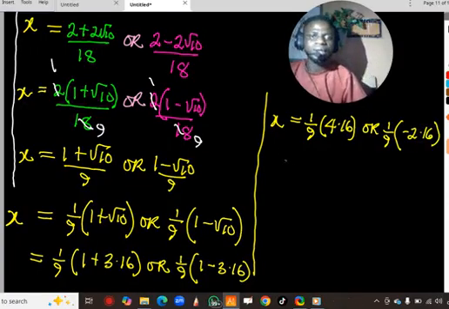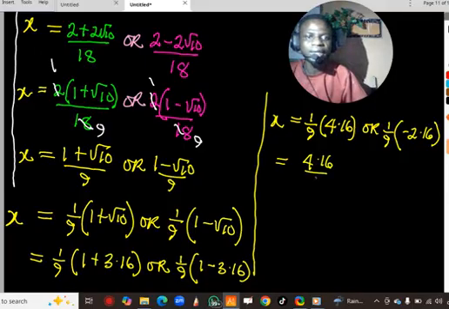Of course, we can write this as 4.16 over 9, or negative 2.16 over 9.